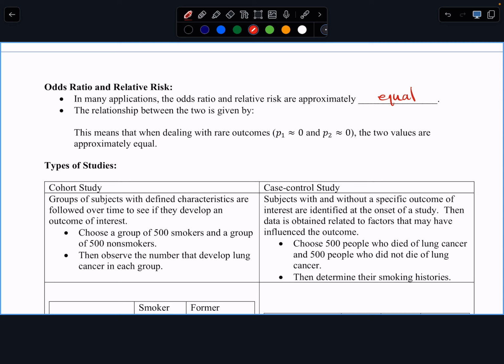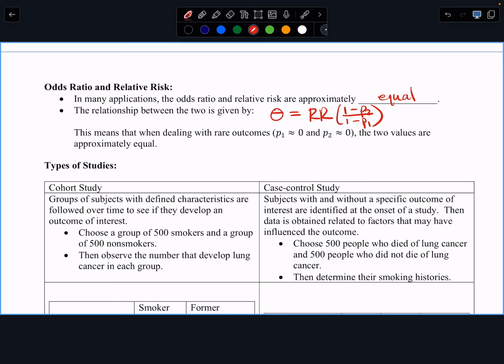The true relationship between those, if you solve the odds ratio, I'm just going to say theta, it's going to equal your risk ratio or your relative risk times 1 minus P2 over 1 minus P1. All right, so they're pretty much equal to each other.